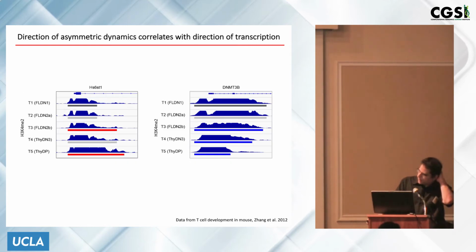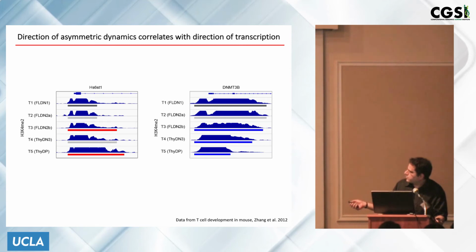And one observation that came out of this type of modeling approach is that there was an asymmetry at promoter regions. So this is showing you a location of one gene across time points, and what you're seeing is the promoter signal for this histone modification H3K4me2 expanding at multiple time points into transcription, but it held steady on this other boundary.